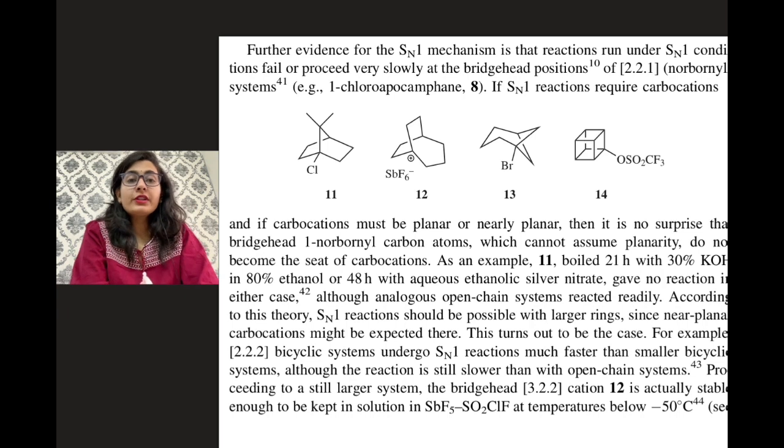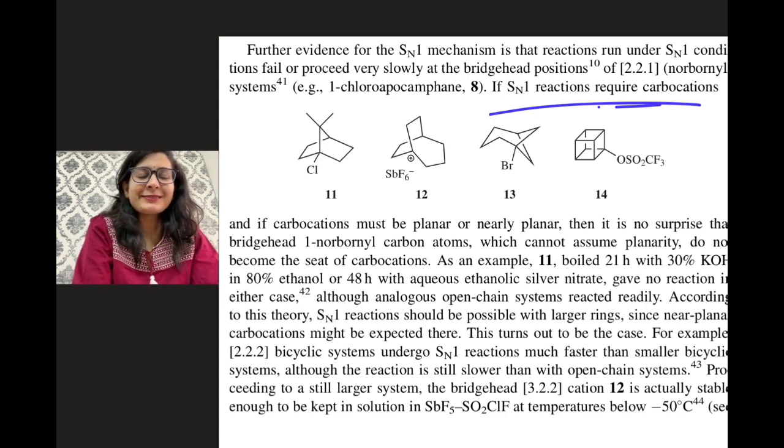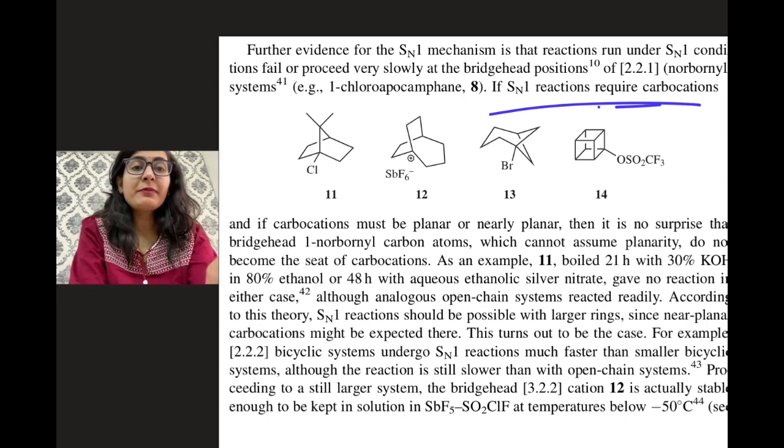All right, further important examples are, for the SN1 mechanism, if we try doing the SN1 reaction or the solvolysis of these different types of molecules, what is common in these molecules? All of these are strained, and all of these are having the leaving group on the bridgehead position.